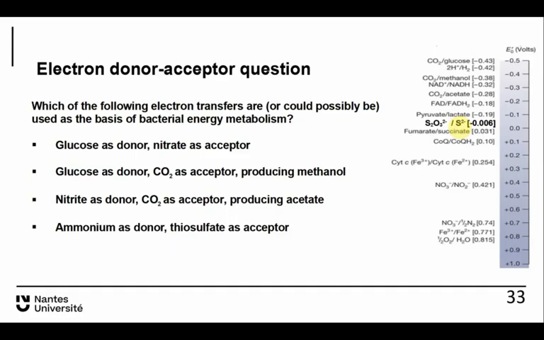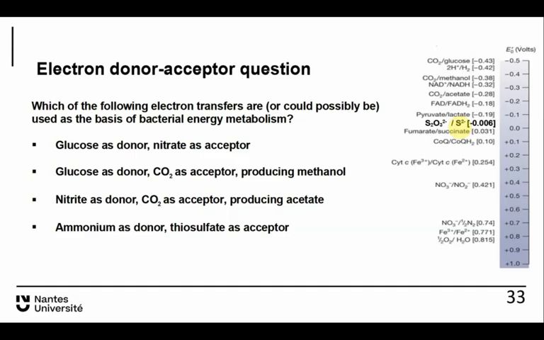Okay, so let me draw this one again. Ammonium as the donor. There's no ammonium on here, and that's the problem. Let's say nitrite as the donor again, because it's the same kind of thing.